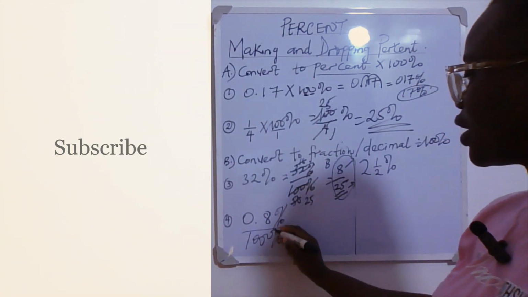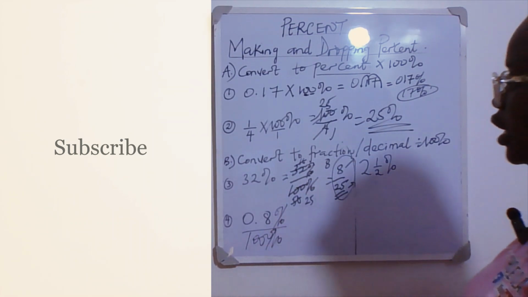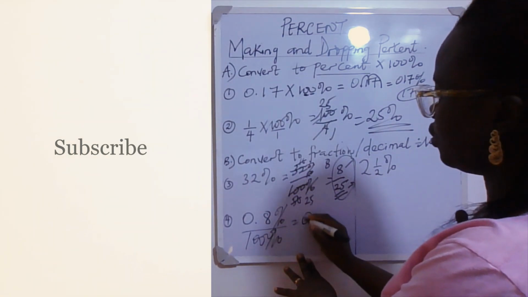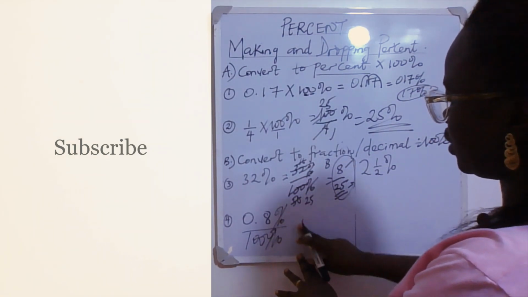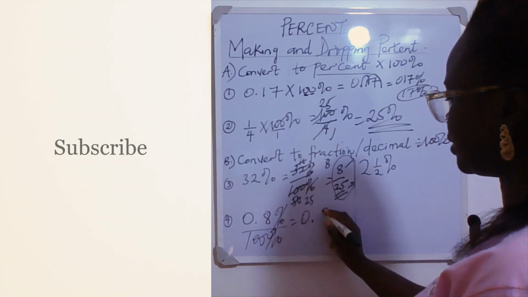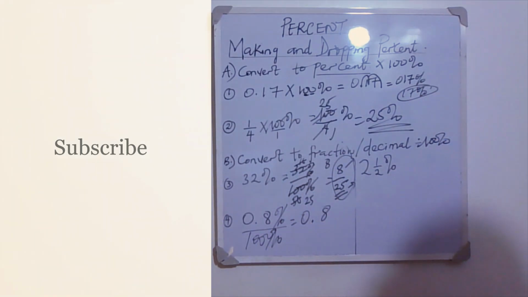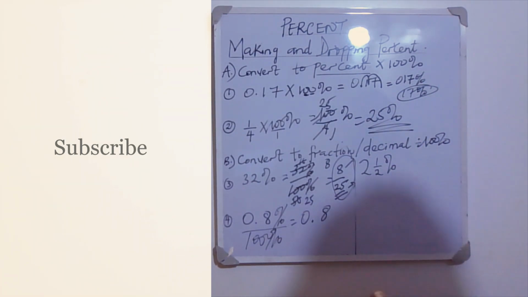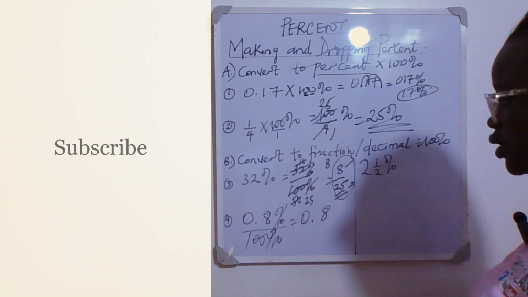Percent cancels percent. We have 0.8. Let me write it this way. So we have 0.8.